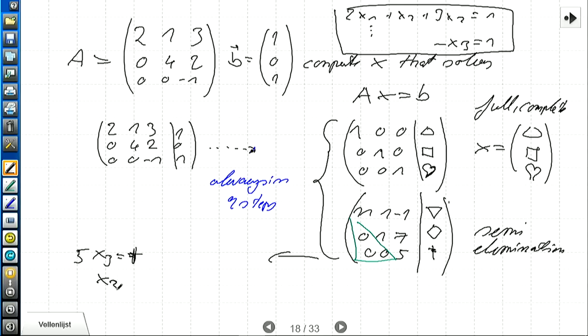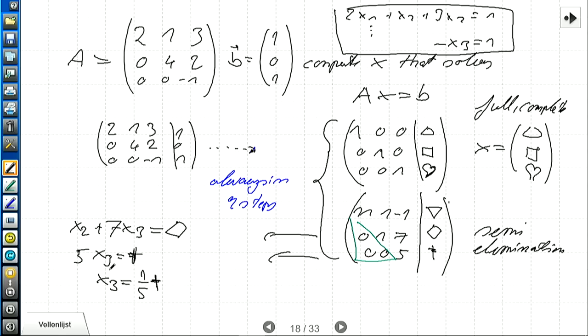So x3 is 1/5 of the dagger. And if I have x3, I can insert it in this equation, right? This is a top-down thing, where it has x2 plus 7x3 equals the square.